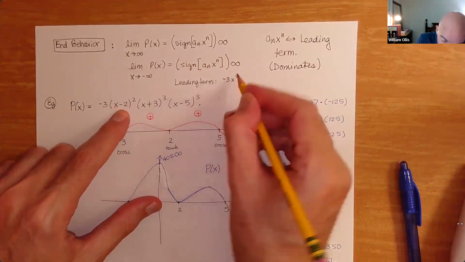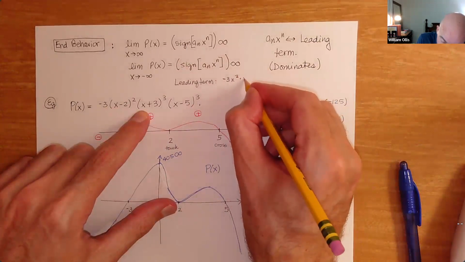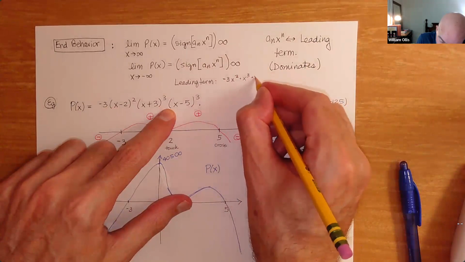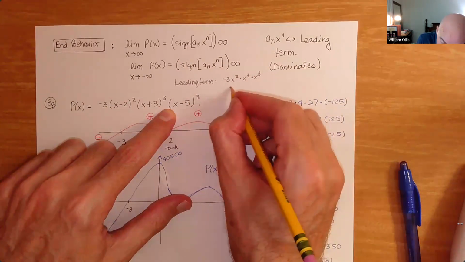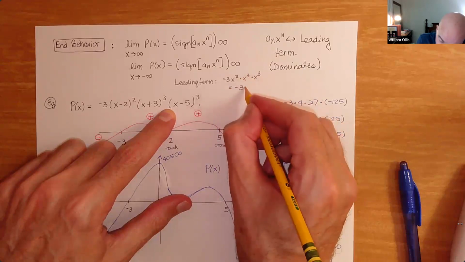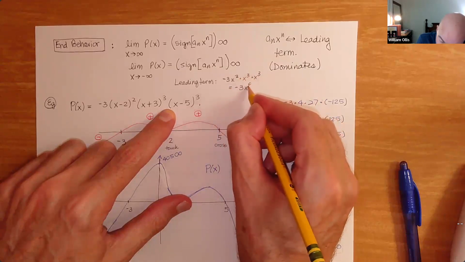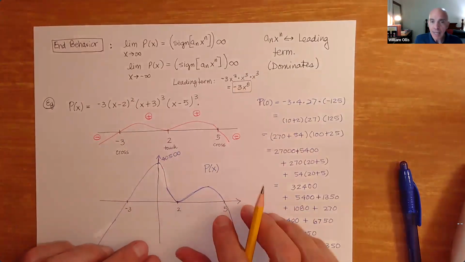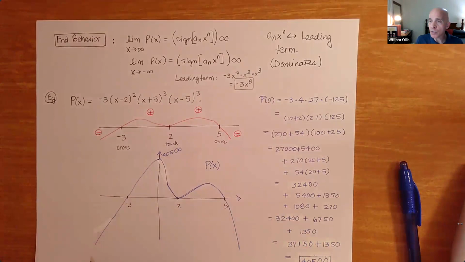Just looking at the powers of x, we have an x cubed, and we have another x cubed. So this gives us a -3. And then, of course, we get an x to the 8, if you were just interested in the leading term. But let me show you why we don't necessarily need that.